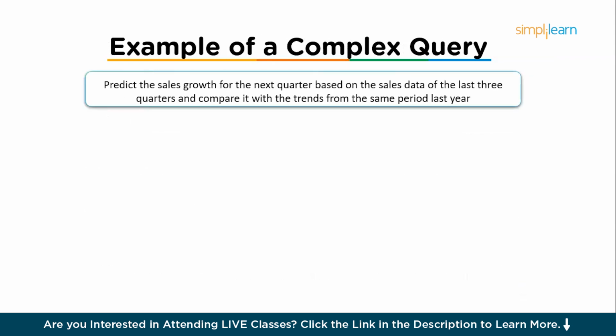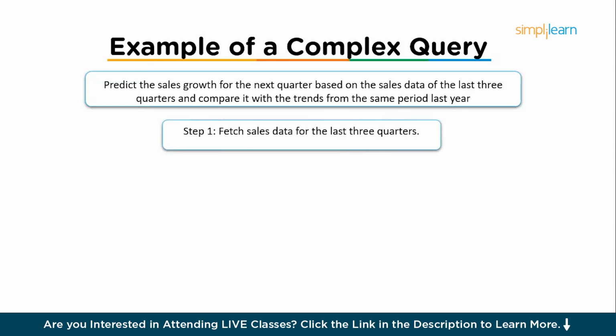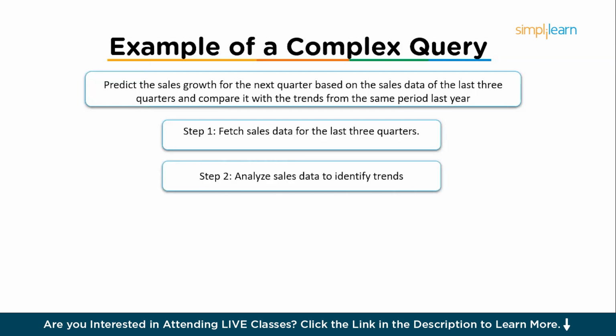Predict the sales growth for the next quarter based on the sales data of the last 3 quarters and compare it with the trends from the same period last year. In this example, step 1 is fetching the sales data for the last 3 quarters. Step 2 would be to analyze the sales data to identify the trends.